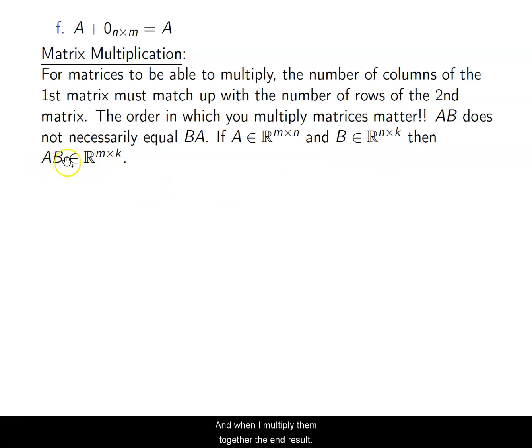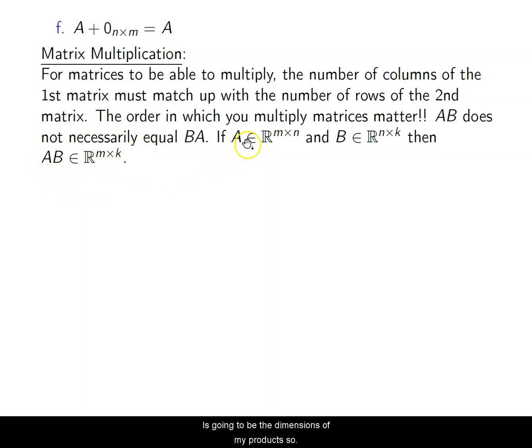And when I multiply them together, the end result is the first matrix's number of rows and the second matrix's number of columns is going to be the dimensions of my product.